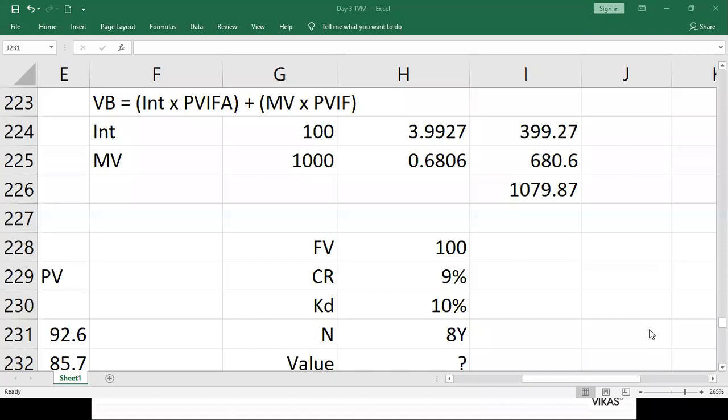The answer may be correct because it's a discounted bond, because the cost of debt is higher than the coupon rate.